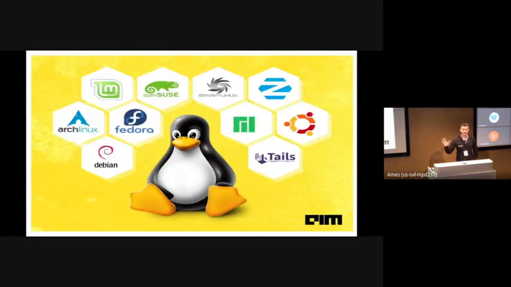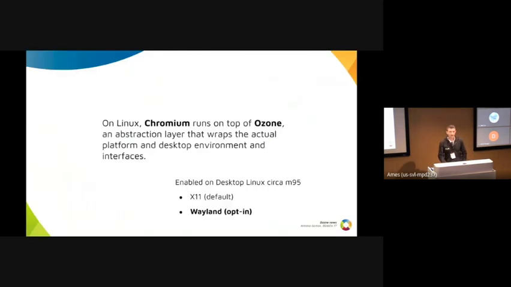On the other hand, we have the Linux desktop, which was already introduced by Young-Soo earlier on. On Linux, we have Chromium running on top of an abstraction layer named Ozone, which wraps the actual platform and desktop environment interfaces. On desktop Linux, it defaults to X11 Ozone, and users can opt in to Wayland today.